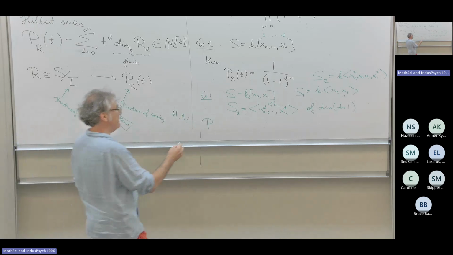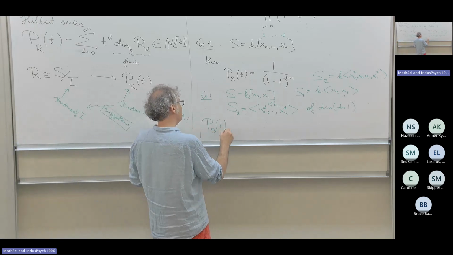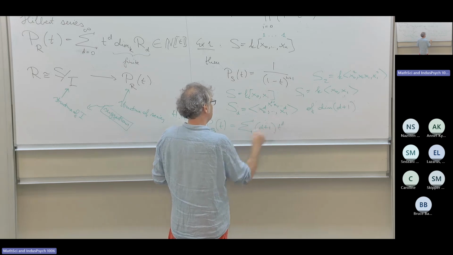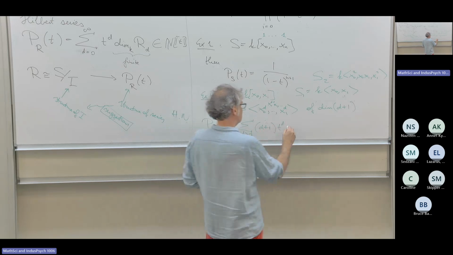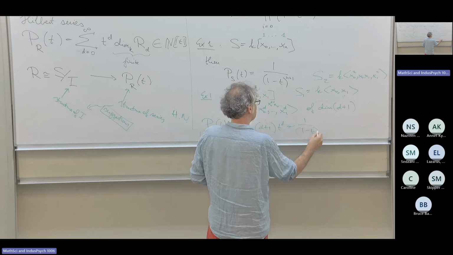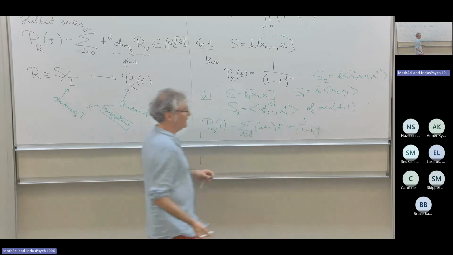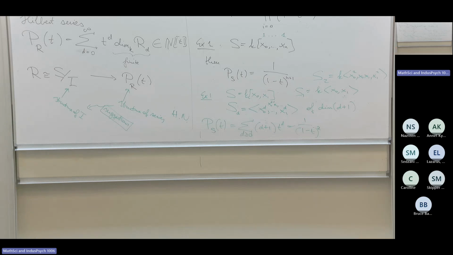Right, so what is P_S(T)? It's the sum over D greater or equal to 0 of (D plus 1) T to the D, which is 1 over (1 minus T) squared. Undergraduate analysis series. Okay. And then how about the general one?